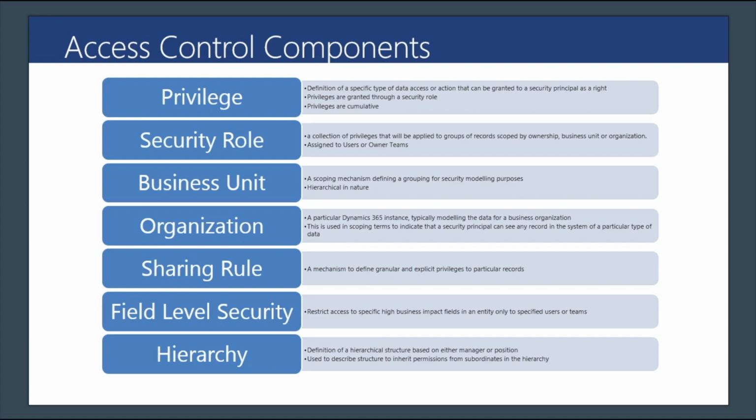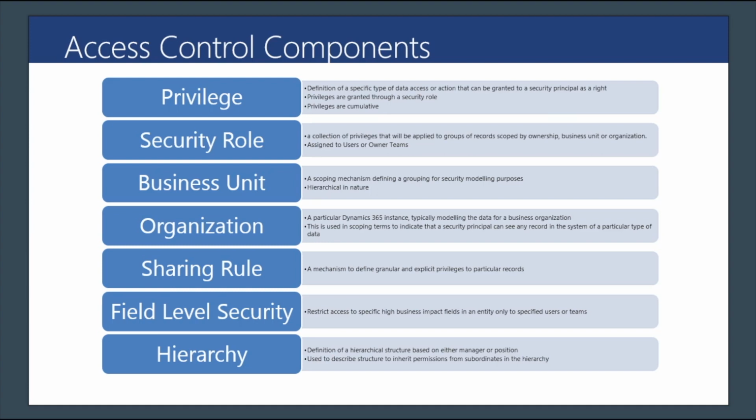Again, we have the organization scoping mechanism. When you configure a new instance of Dynamics 365, there's a root organization that's established for that instance. This can be used as a scoping mechanism to indicate a particular security principal has organization-wide access for a particular privilege or permission within the system.